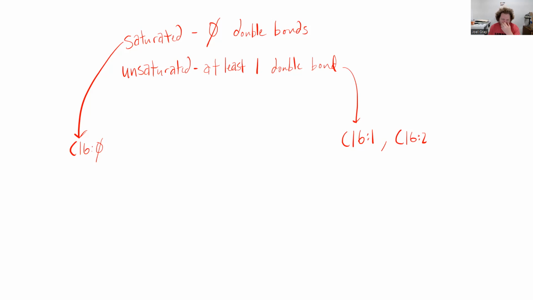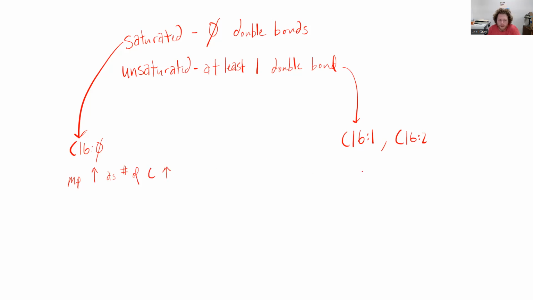Now, this isn't particularly important, but there are some trends that can be observed within fatty acids. If we talk about saturated fatty acids, the melting point is going to go up as the number of carbons goes up.